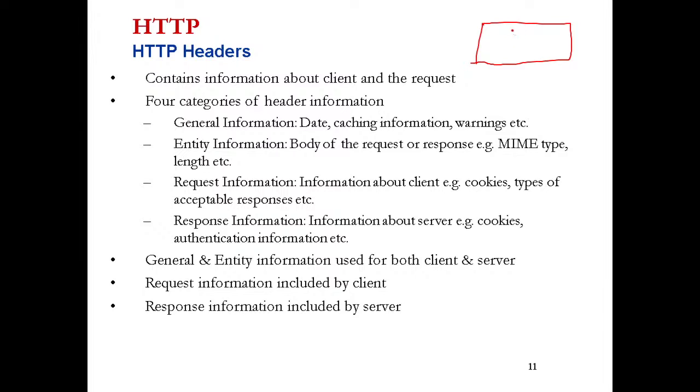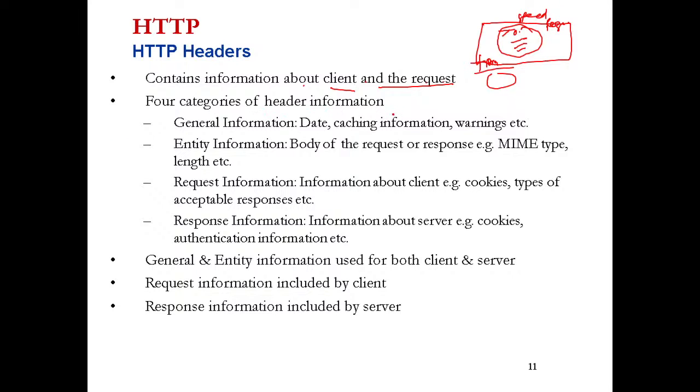What information do we specify on this envelope? First of all we have to give the address of the receiver and we also specify our own address. So the headers contain information about the client, this is my client, and the request, whether it is a speed post, whether it is a registered mail, whatever.